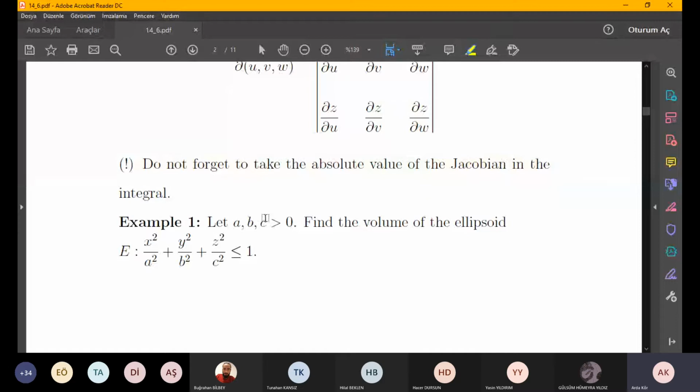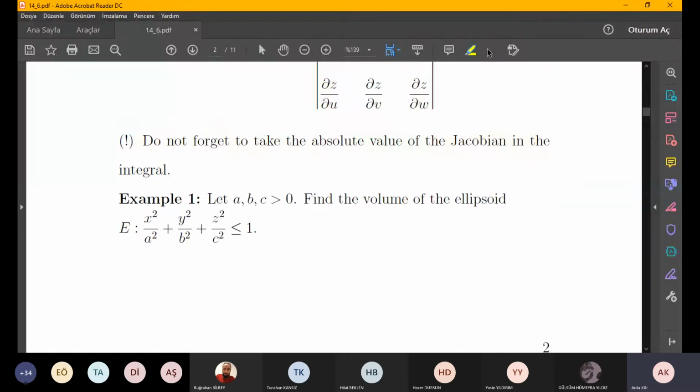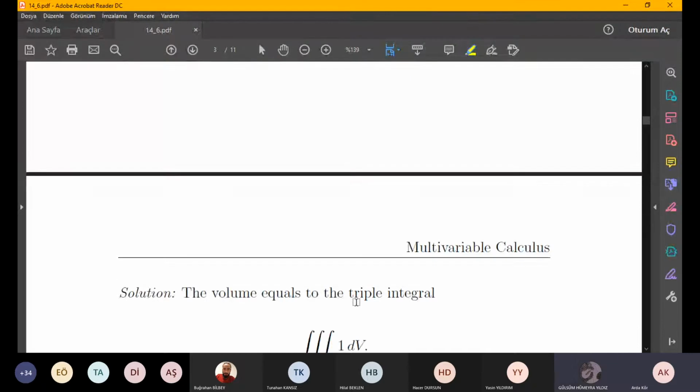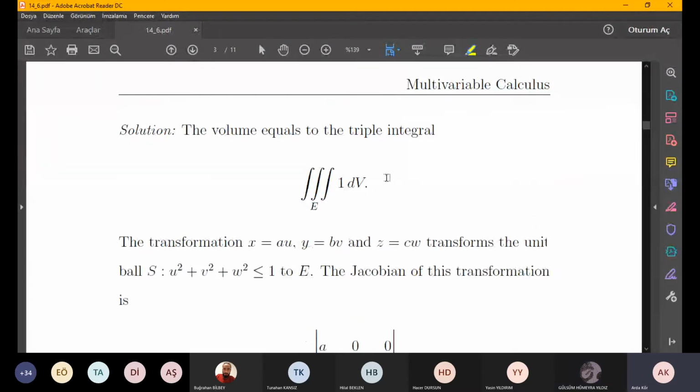Let's start with a simple example. If we take a, b, c as positive values, and we try to find the volume of the ellipsoid represented by this inequality, then the volume equals the triple integration over E, right?